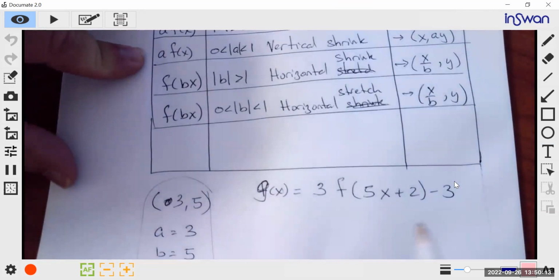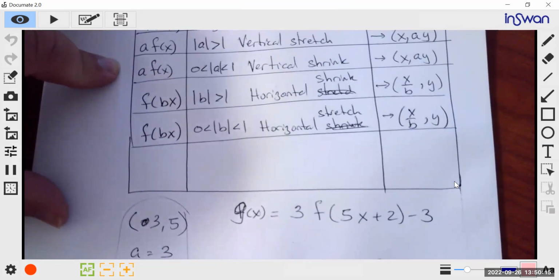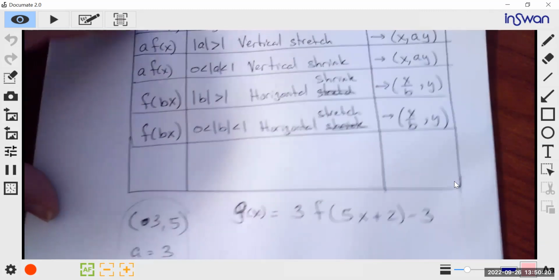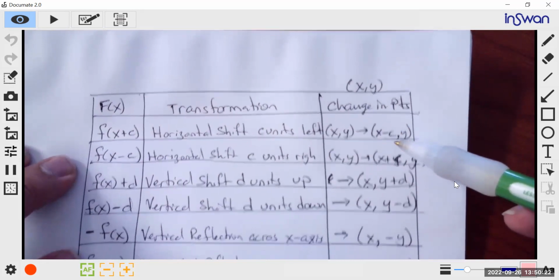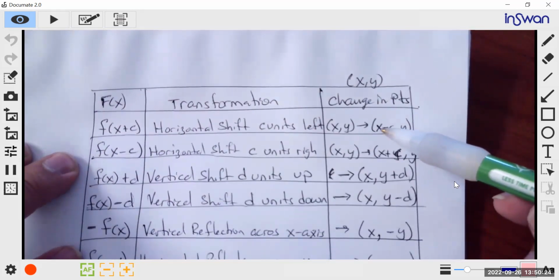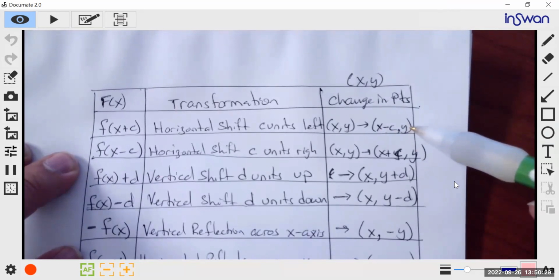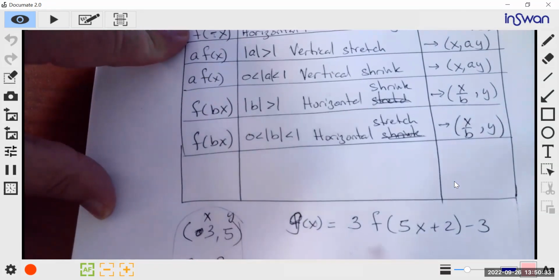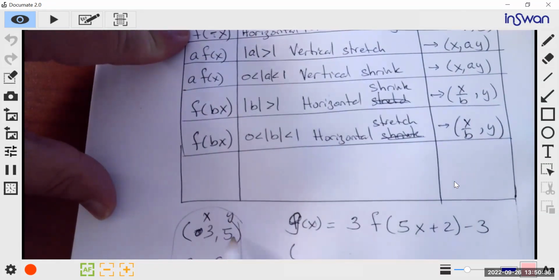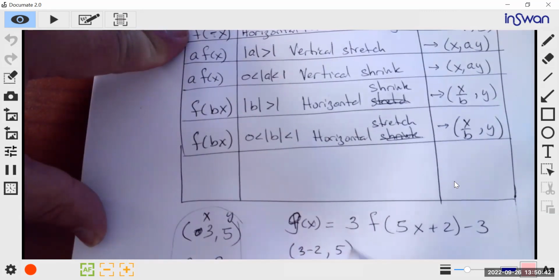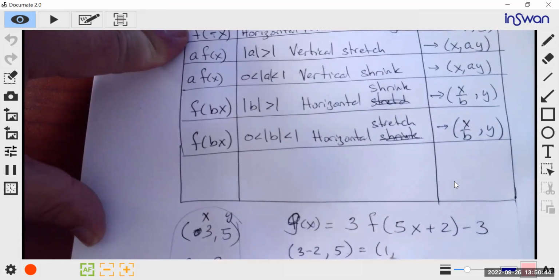So what's the horizontal shift? Remember the horizontal shift. We take the x value we have, subtract c, comma y. So the x value is 3. 3 minus c becomes 1, 5.